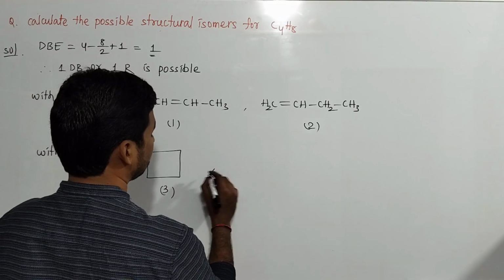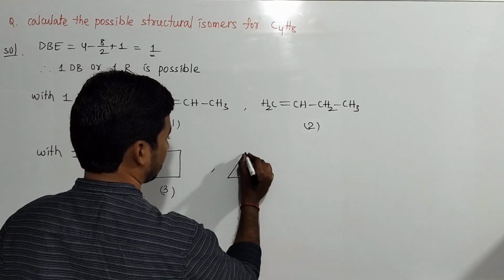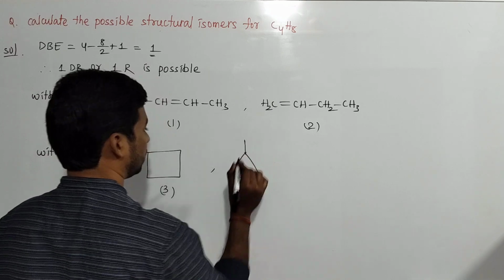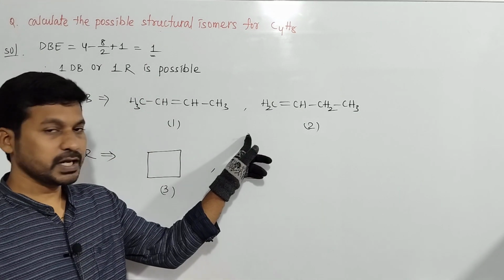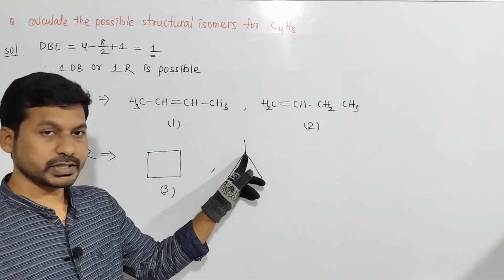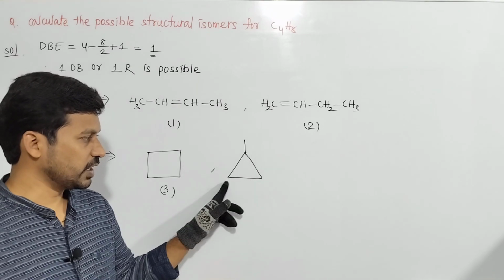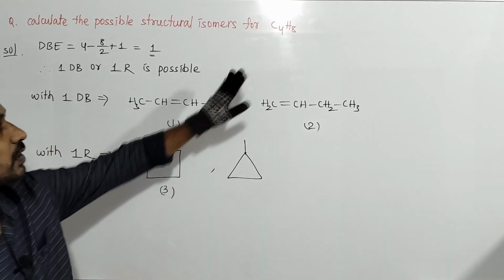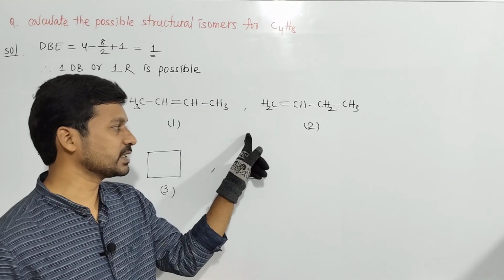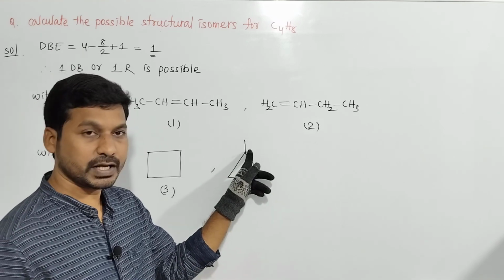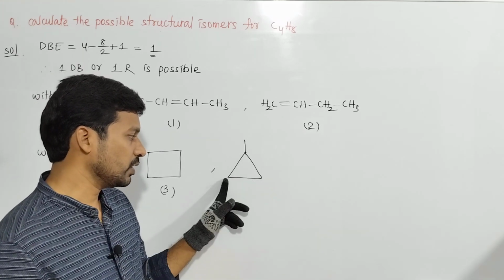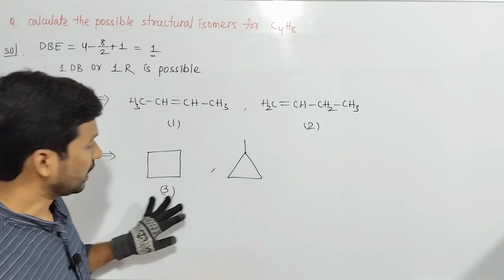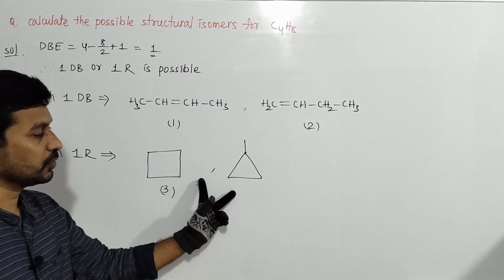Next, the fourth one, with this one. CH3, CH. 1, 2, 3, 4 carbon atoms verified, 4 carbon atoms. Hydrogen atoms: CH3 means 3, here CH means 1, 3 plus 1, 4, here 2, 8. Molecular formula same, C4H8 for both.